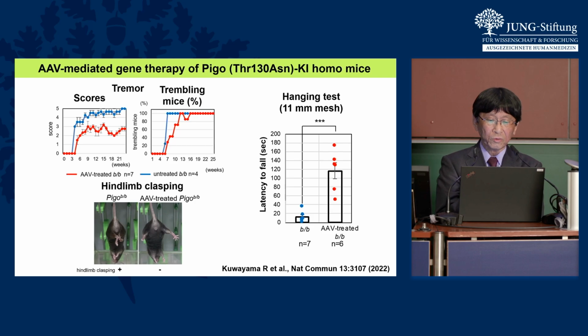The appearance of trembling is slower, and hind limb clasping disappeared. And treated mice stayed hanging for a much longer time. So the single intravenous injection of the AAV is quite efficient for the amelioration of many neurological symptoms and the growth.